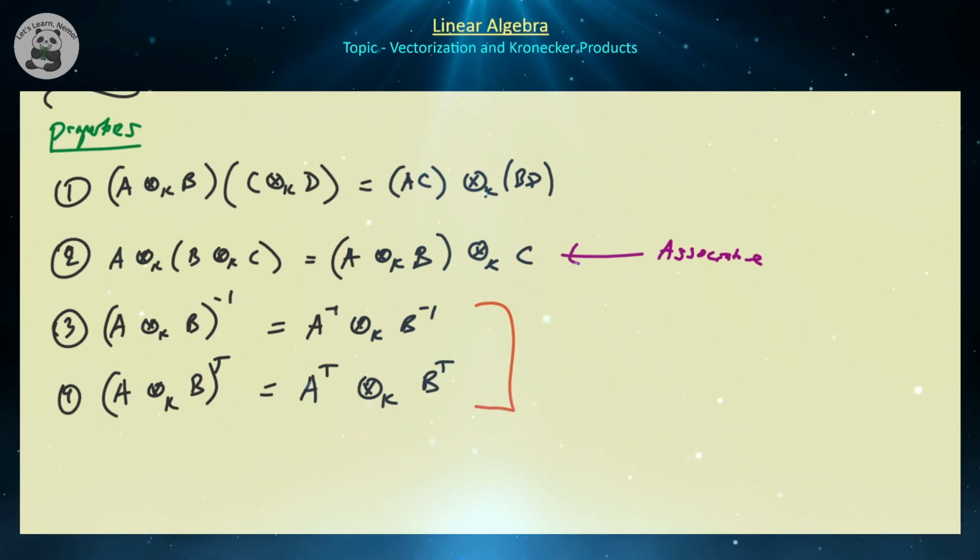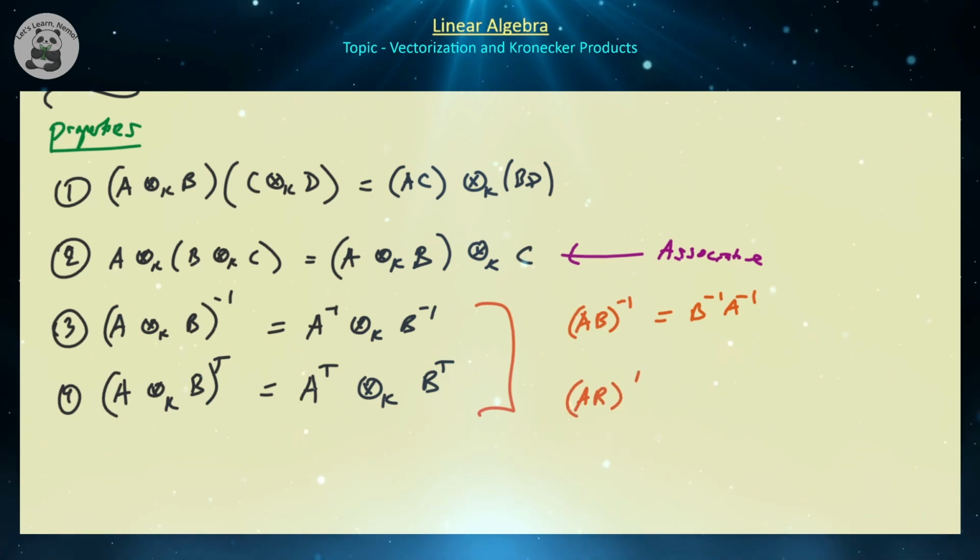Now, if you remember just basic matrix multiplication, if we have AB inverse, this is going to be equal to B inverse A inverse, and AB transpose is going to be equal to B transpose A transpose. And it's only equal to A inverse B inverse and A transpose B transpose if and only if A and B commute, which they don't necessarily have to.